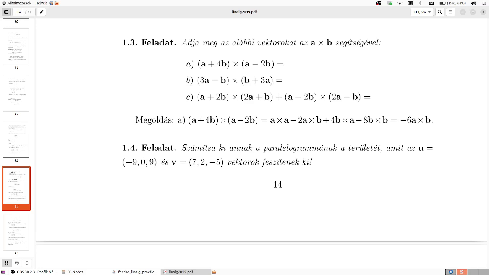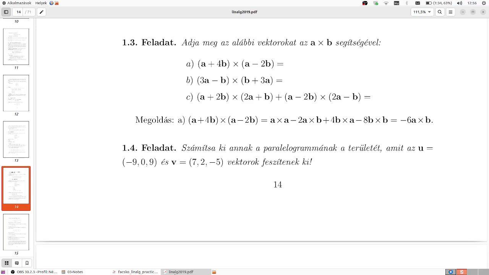Do cross product with A minus, actually the 2 could be put here because it is allowed. So this is allowed. Okay.